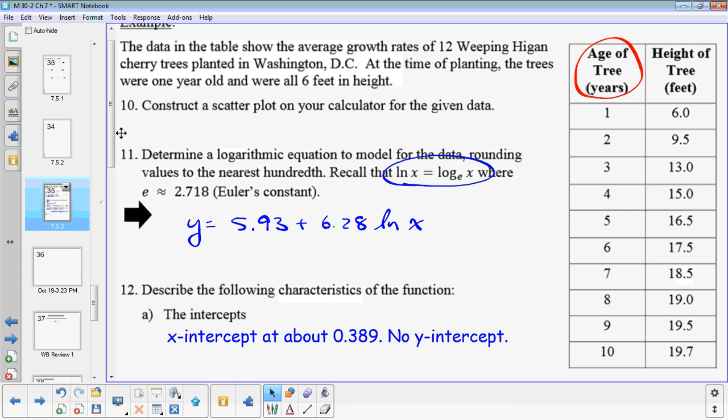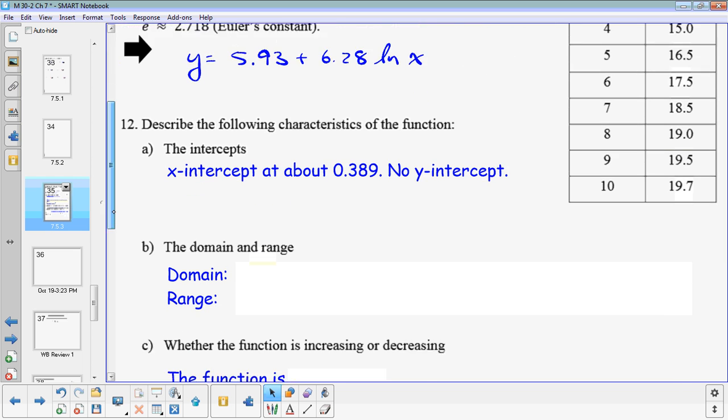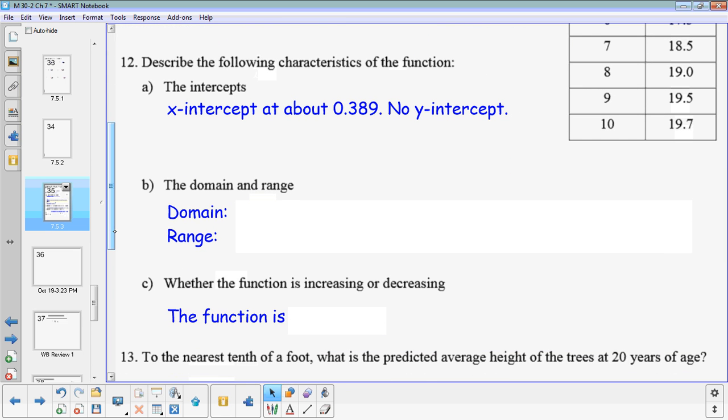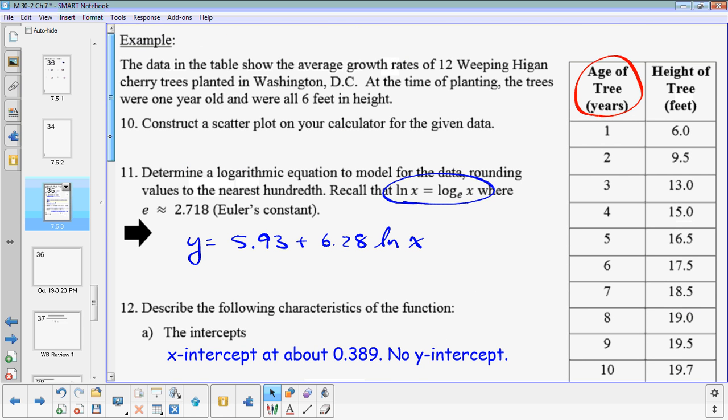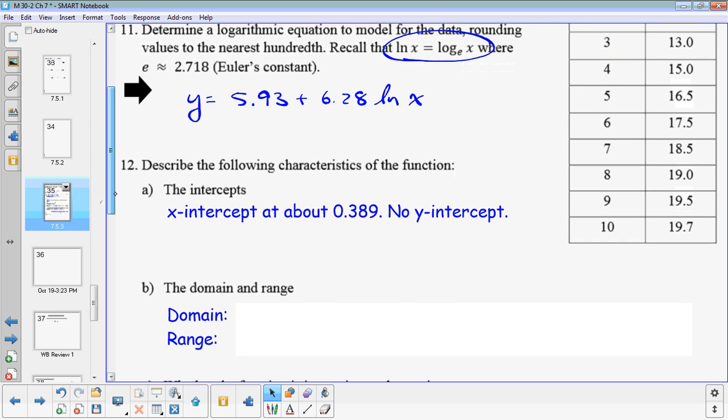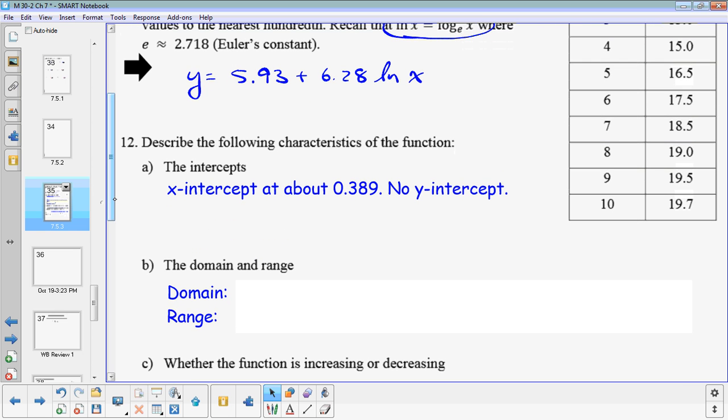So are there any restrictions on what the age of this tree could be? Well, it can't be negative. And because this data is just from when it's 6 feet tall, so after 1 year, we'd have to look at kind of when it's possibly over a year, or we may want to look here and see, well, the x-intercept, we can't have a negative height for a tree.